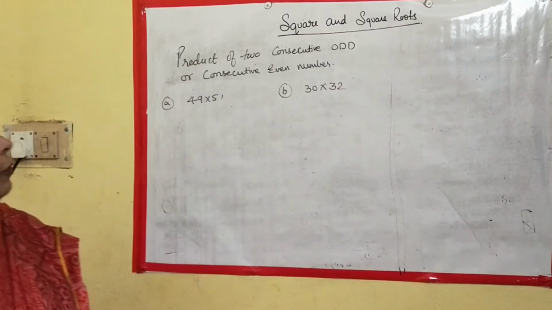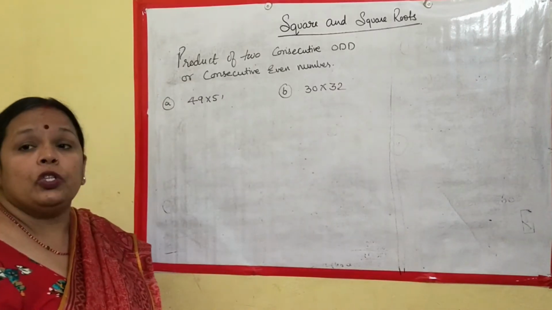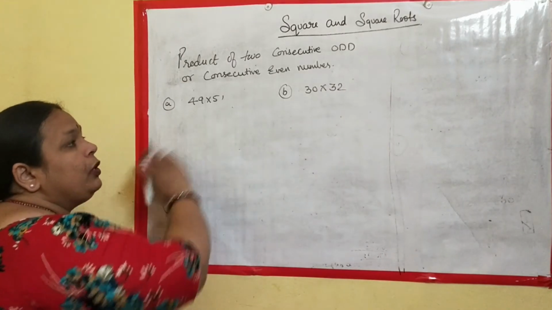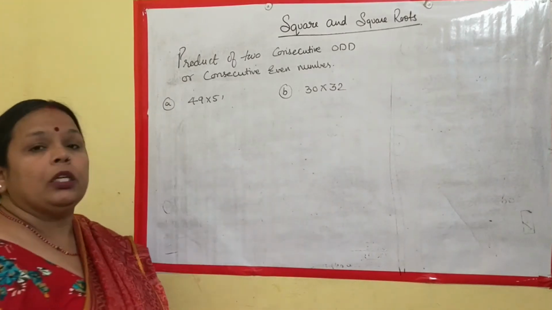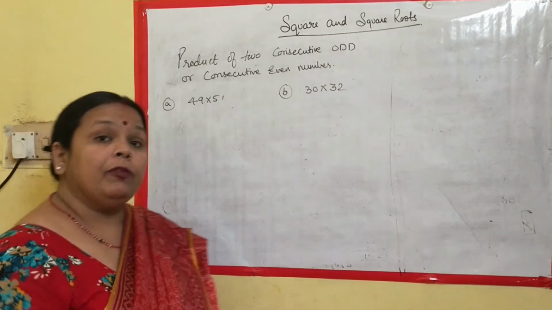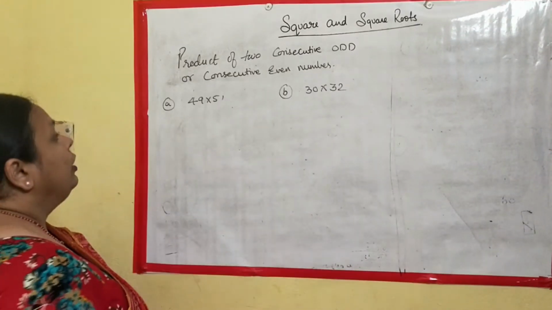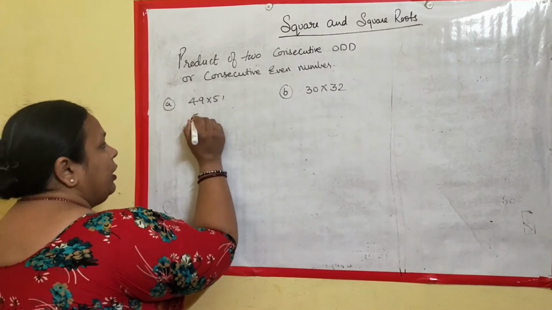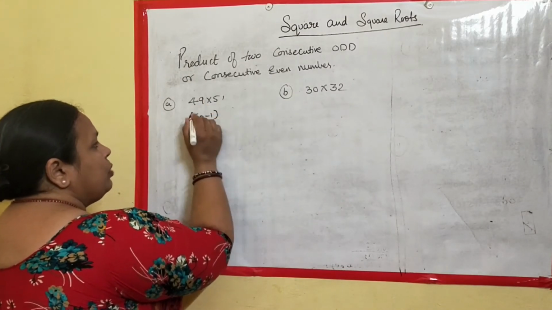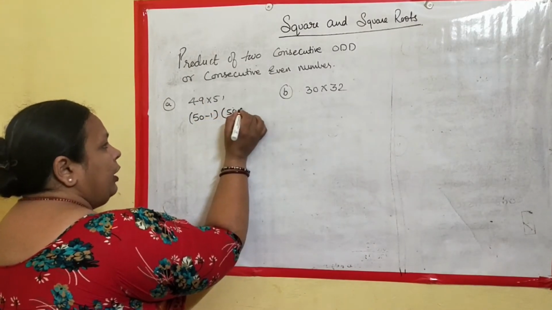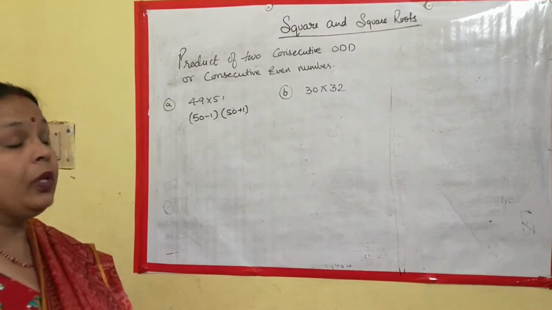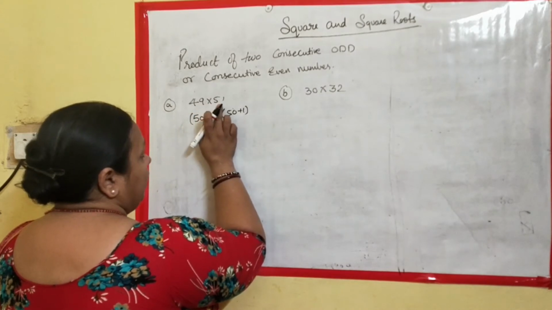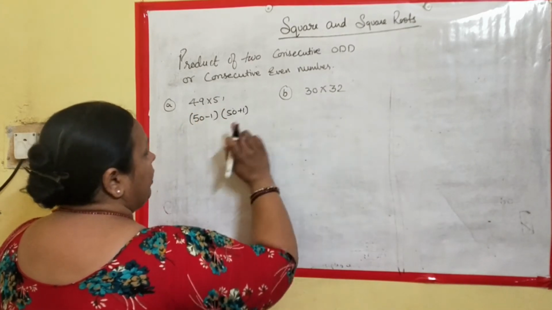Now, product of two consecutive odd or consecutive even numbers. How to find them? 49 into 51 and 30 into 32. Clear? Again, we will be using identity over here. Now, see this 49 and 51 is nothing but 50 minus 1 and 50 plus 1. Clear? Now, 30 and 32. These are even numbers.